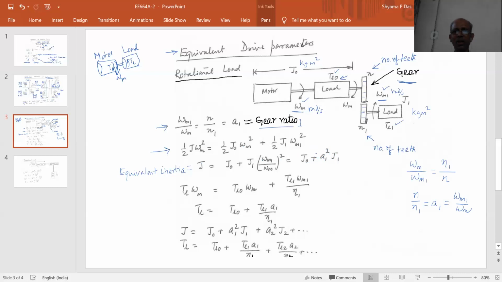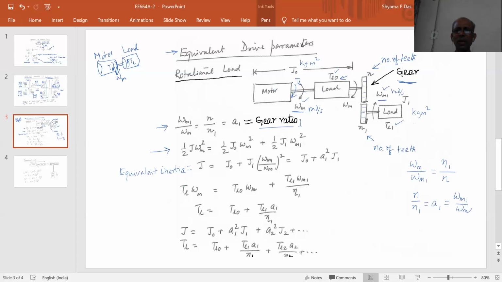A1 is the ratio of the teeth of the primary side to the teeth of the secondary side, n by n1, and it multiplies J1. Now, similarly, we can evaluate the equivalent load torque. This motor is giving the power.